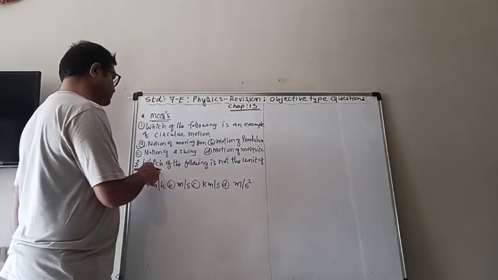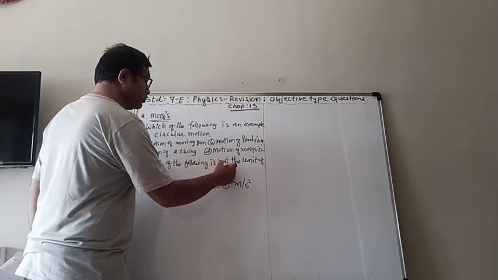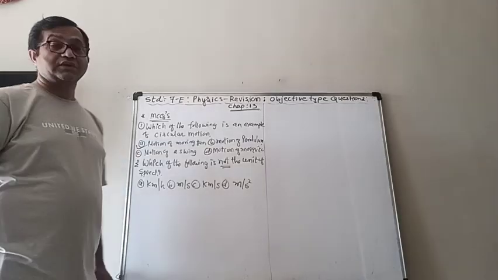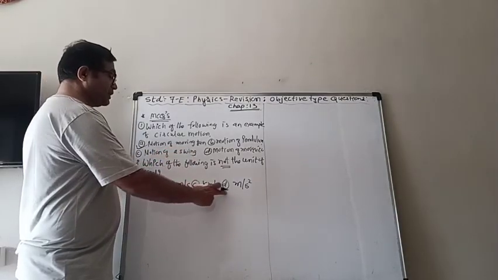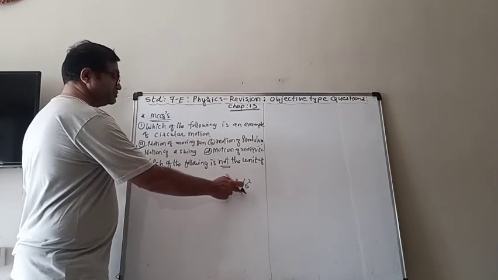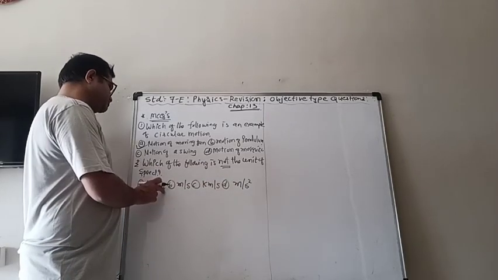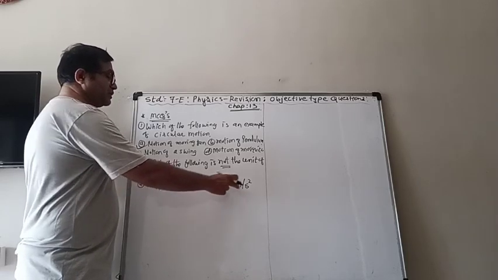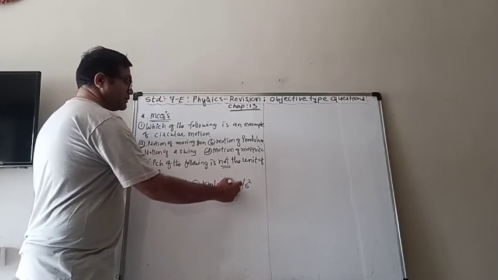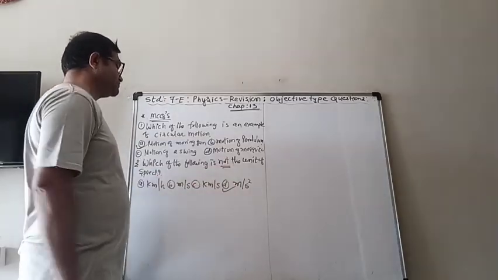Here read the question carefully. Which of the following is not the unit of speed? Because generally you will see only the unit of speed, then you will see that all of them are unit of the speed except the D. Because unit of the speed can be kilometer per hour or meter per second or kilometer per second, but not the second square. So here the answer is D.